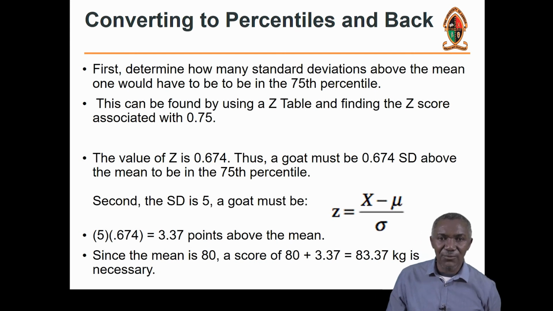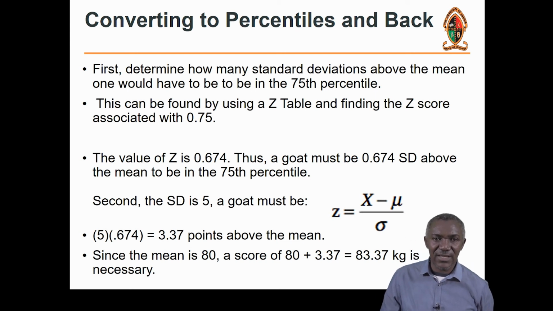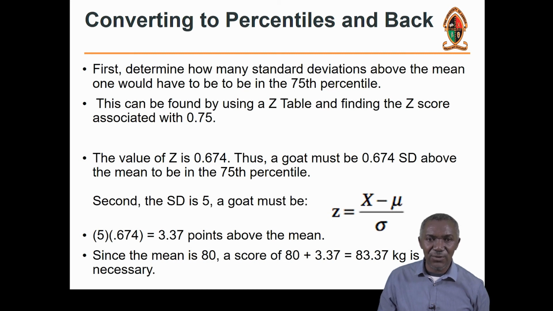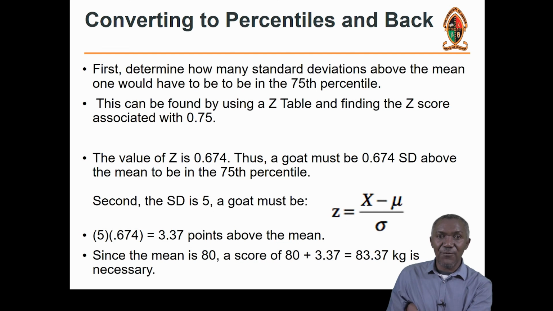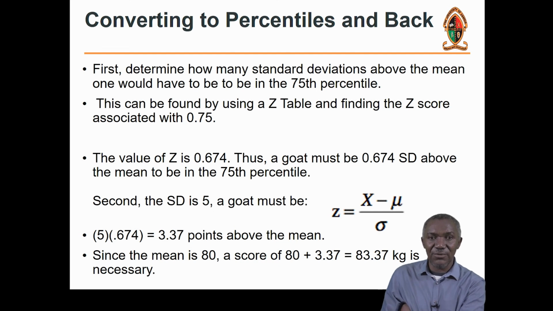If we go to the table, we find the z-score of 0.75. The z-score for the 75th percentile is 0.674. So this is the z-score for this particular percentile rank.